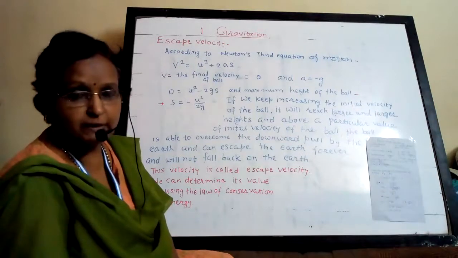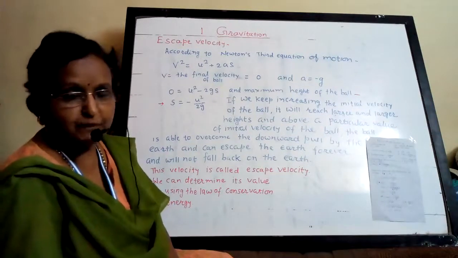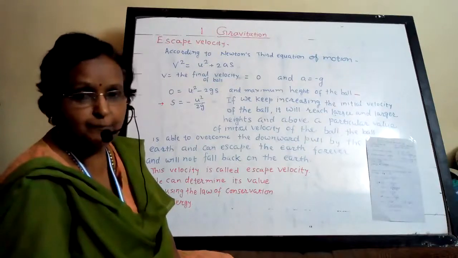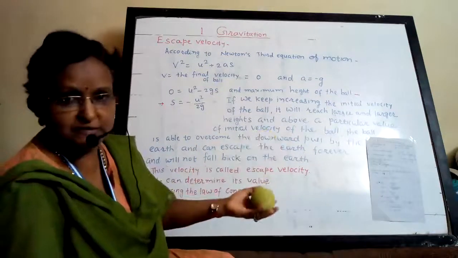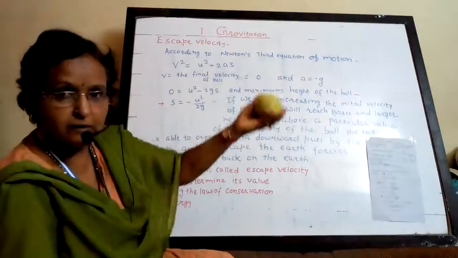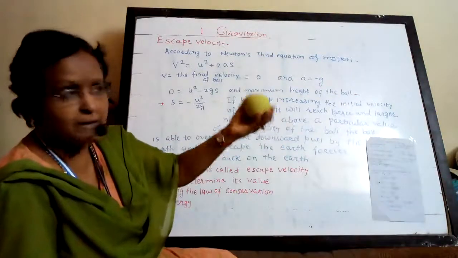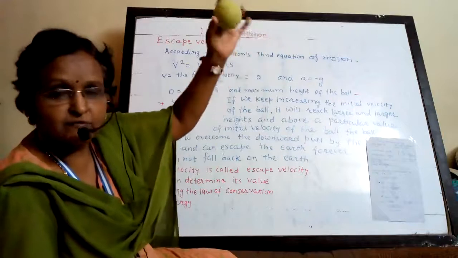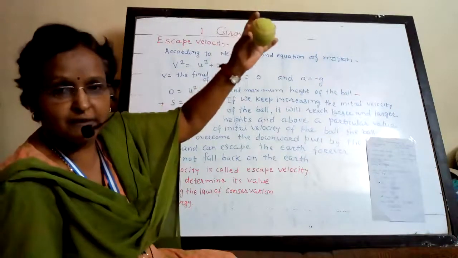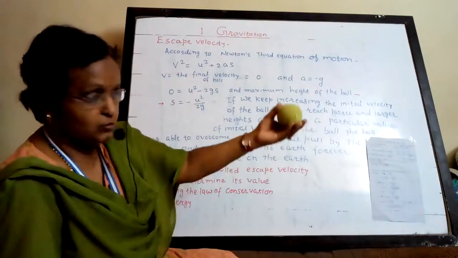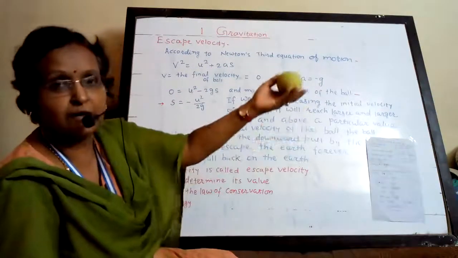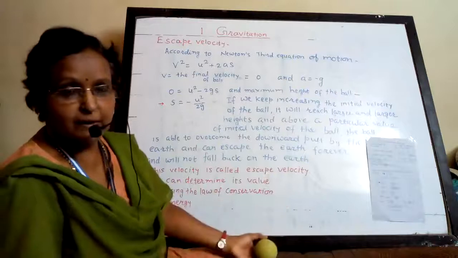Now we have to study escape velocity. Just now we studied the example of a stone or ball. When I throw this ball upwards, it will go upwards, but at a certain height its velocity becomes 0 and it starts falling down. It means acceleration due to gravity, or gravitational force, is acting on it and it is coming down.